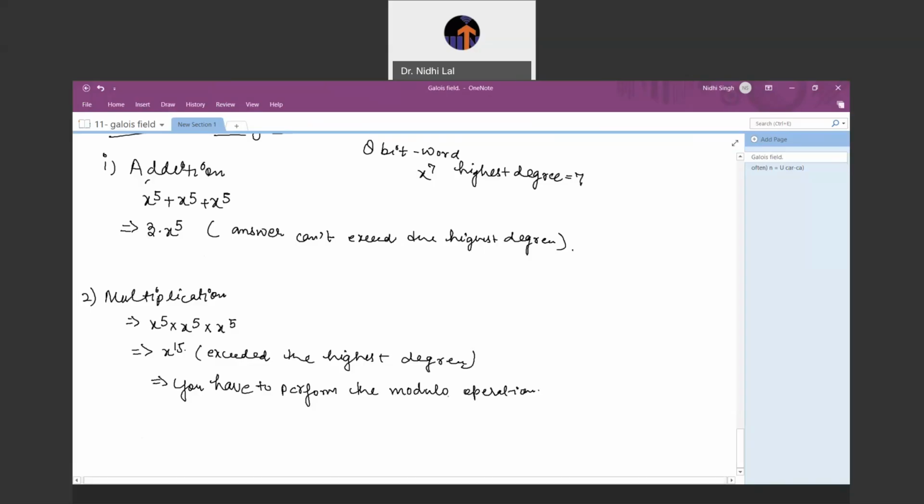But how can we decide the modulo term? Who will decide? So actually this modulo polynomial is called the irreducible polynomial. These are already fixed. So in the question it will be given to you that this one will be used as an irreducible polynomial. So these modulo polynomials are called irreducible polynomials.